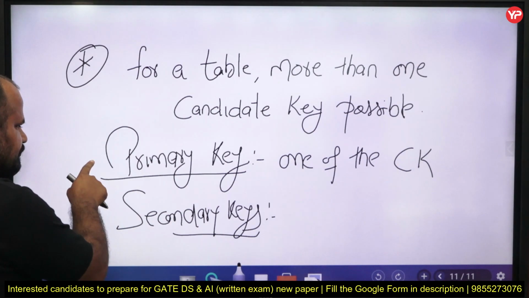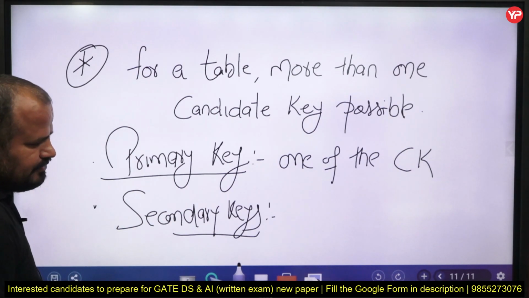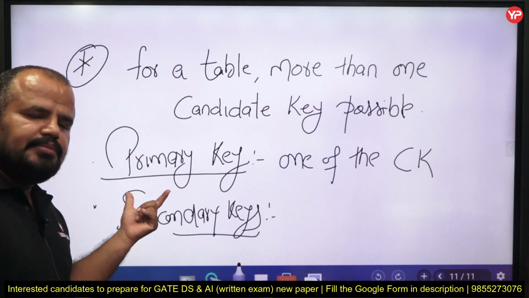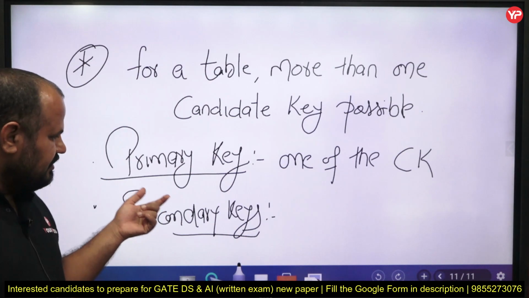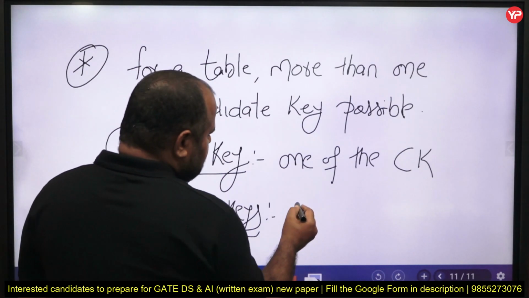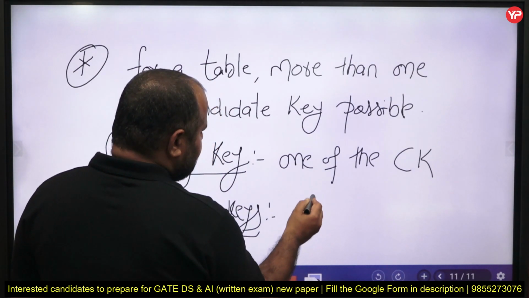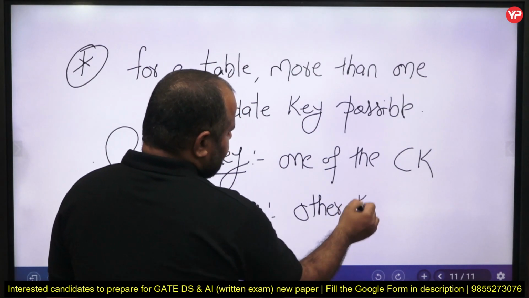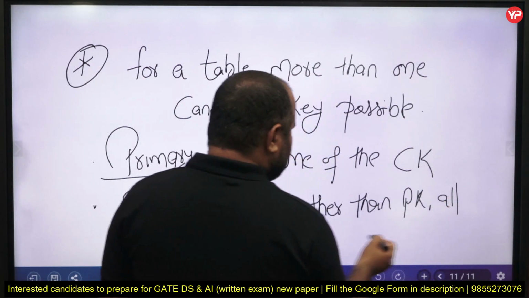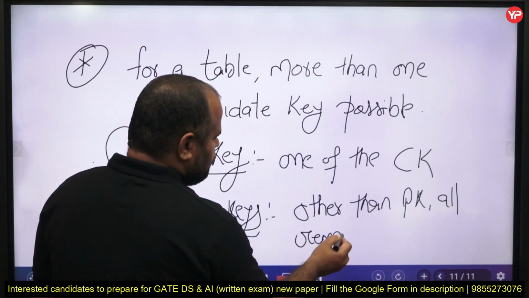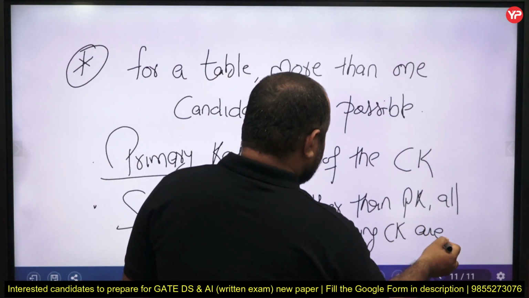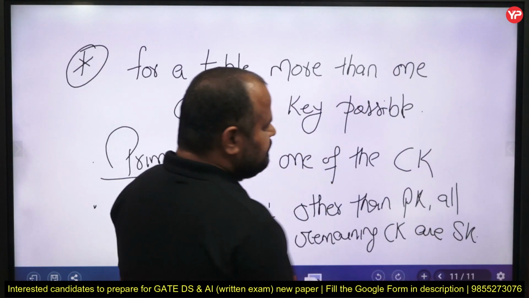Even though primary key is also a candidate key, secondary key is also a candidate key, but whenever we select one candidate key and say you are the primary for me, it means now every operation is done with the help of this key, and remaining keys are called secondary keys, means other than primary key. All remaining candidate keys are secondary keys. Fine, my dear students.